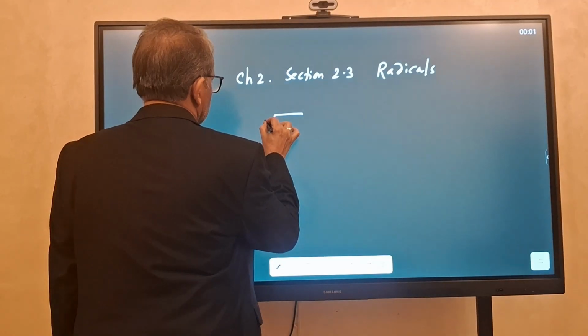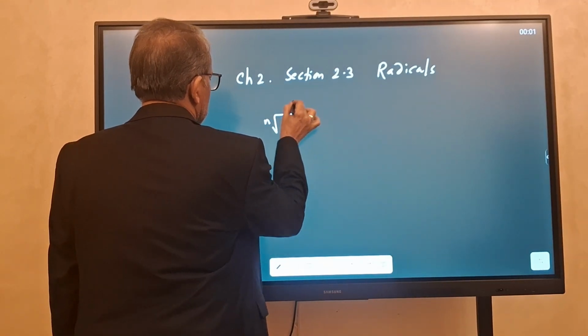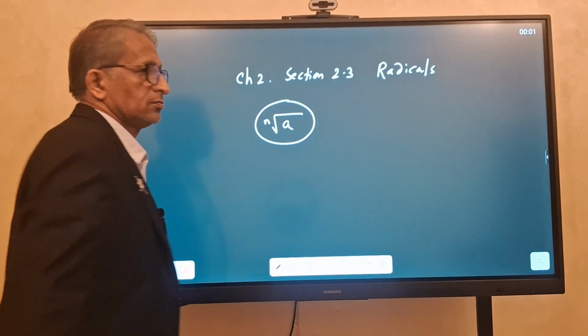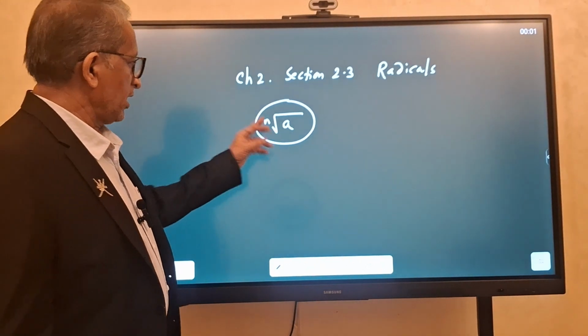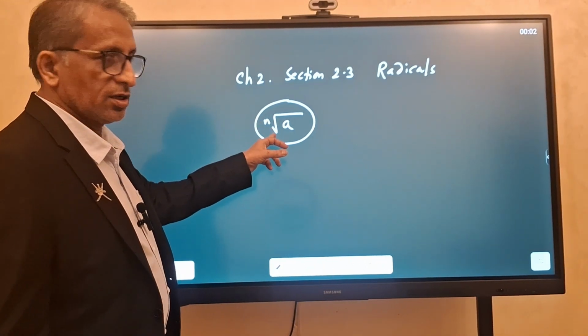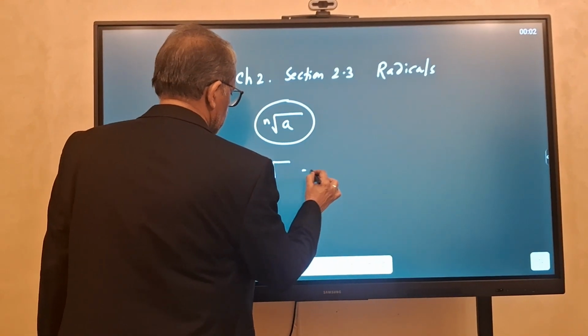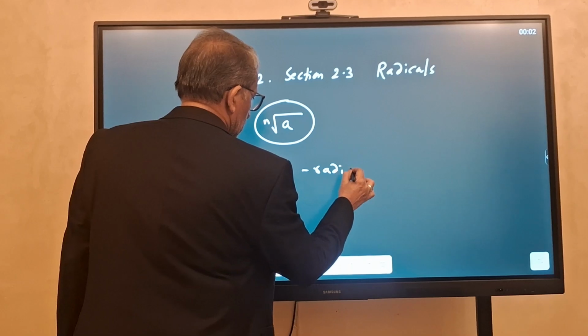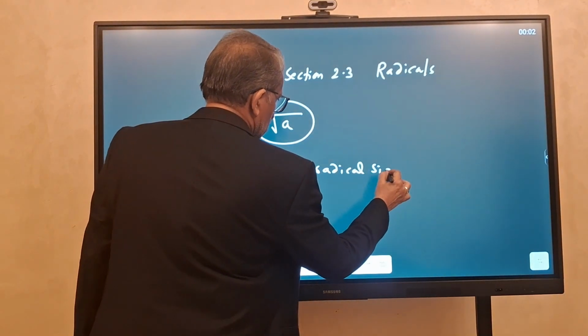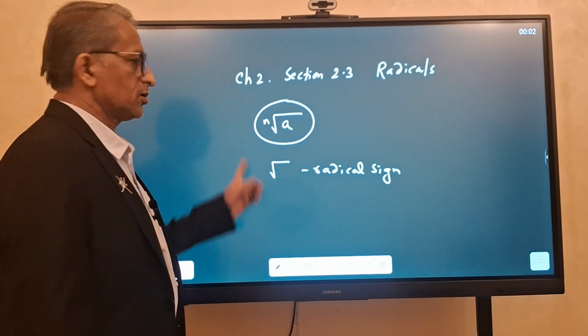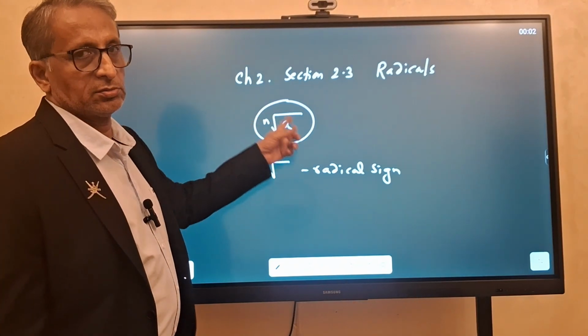Write n close to this radical sign. So this is the radical sign, and this is a radical number.